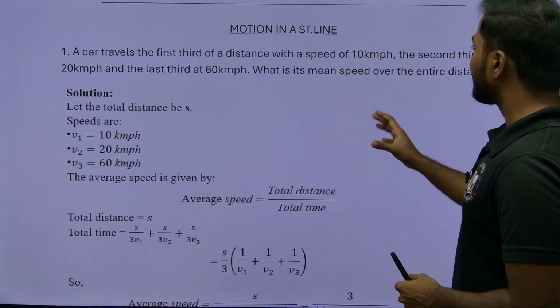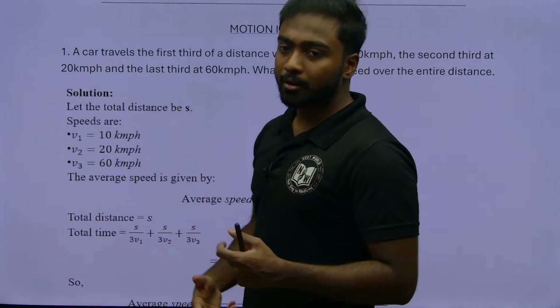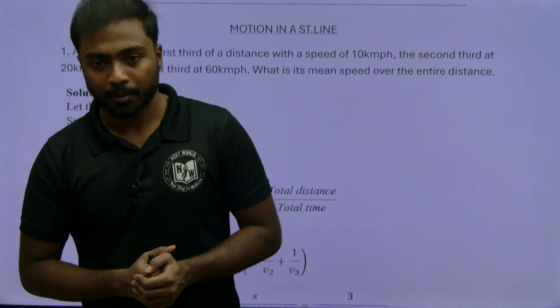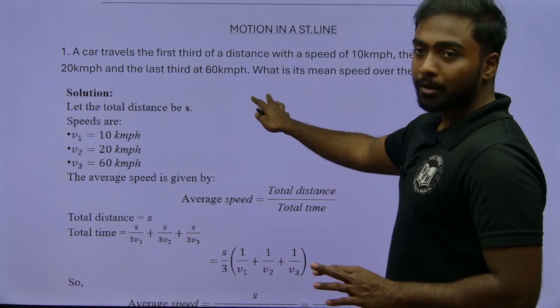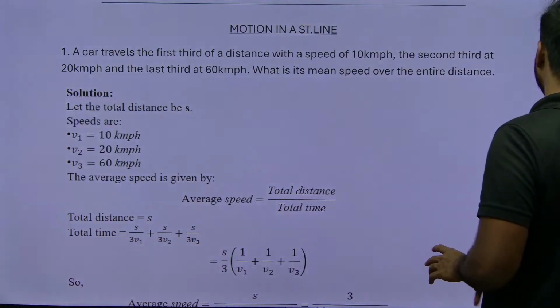With this they might also ask for average velocity and average speed. So, 10 kilometer per hour, 20 kilometer per hour, 60 kilometer per hour. Let us start doing the problem now.